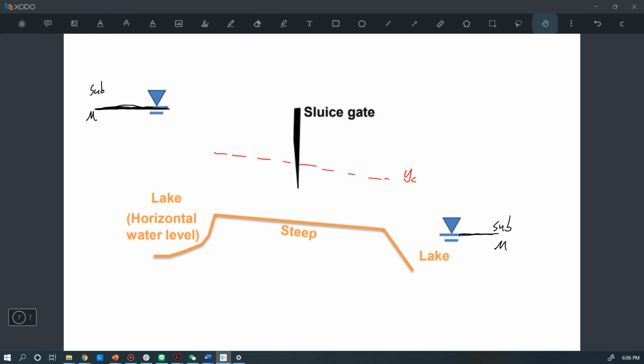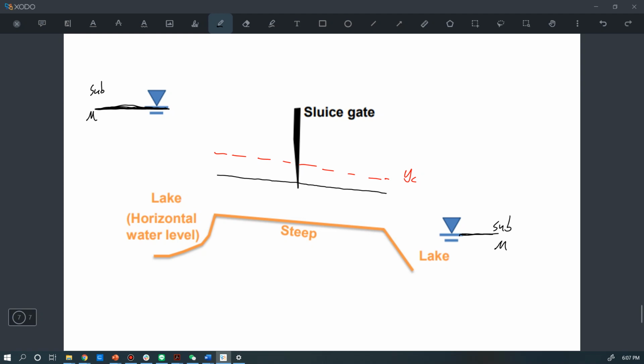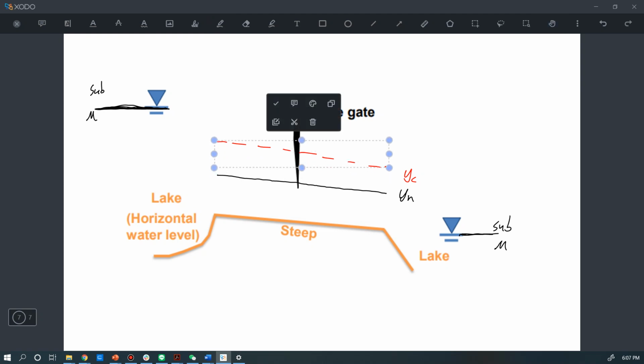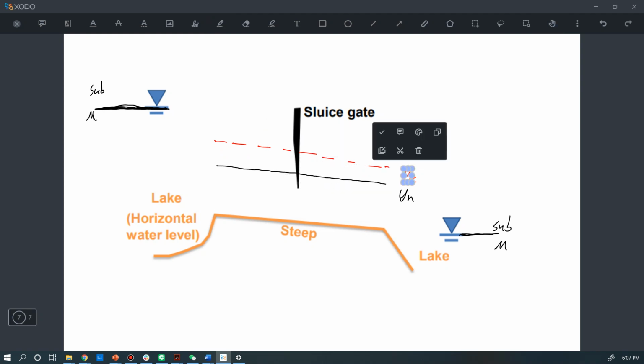So let's say this is our normal depth. Actually, let me move this up a bit. Now let's plot the water profile.